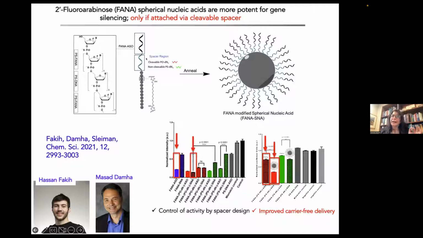We determined that this cleavage is necessary, but it occurs inside the cells. So the whole thing stays as a spherical nucleic acid. It is taken in, and intracellularly endonucleases mediate the cleavage of the therapeutic, which then starts acting, and it acts better than the therapeutic by itself.